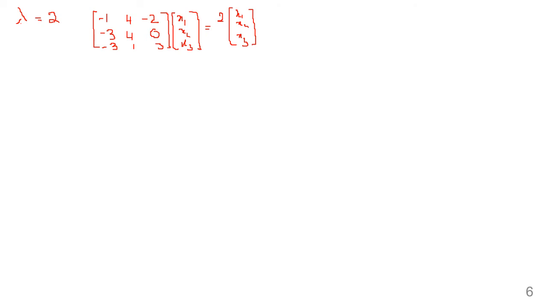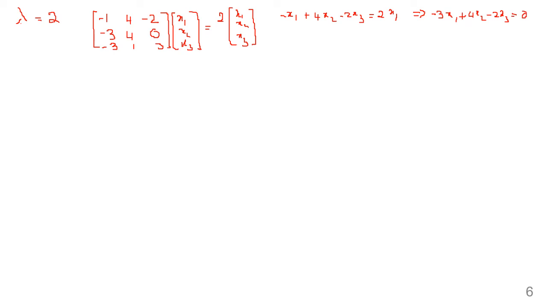This will give me the equation minus x1 plus 4x2 minus 2x3 is equal to 2x1. So that gives you minus 3x1 plus 4x2 minus 2x3 is equal to 0.